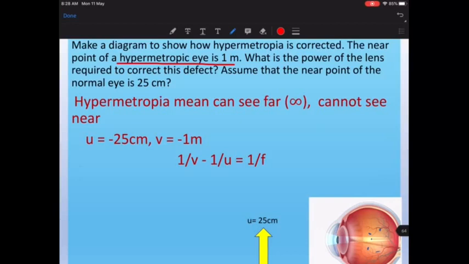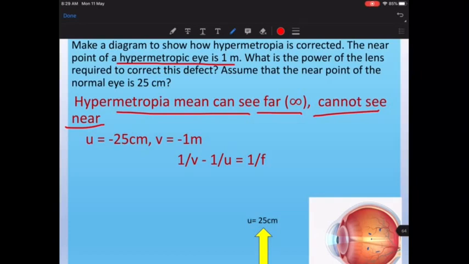So now I told you your U will be what he wants to see. So what is your wants-to-see distance here? You want to see at 25 centimeter, because he is not able to see at 25 centimeter. Only if he keeps an object at 1 meter, he is able to see it clearly.